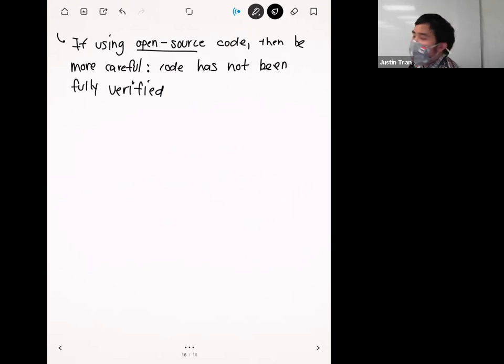Okay. And so a lot of open source projects, a lot of times are either just one dude or two dudes coding in their garage, and they want to share their code with the world, which is great. But you have to realize that there's a lot of limitations to this as well.